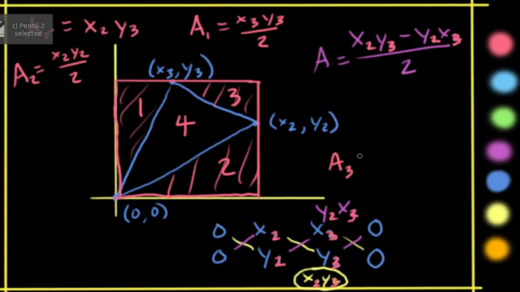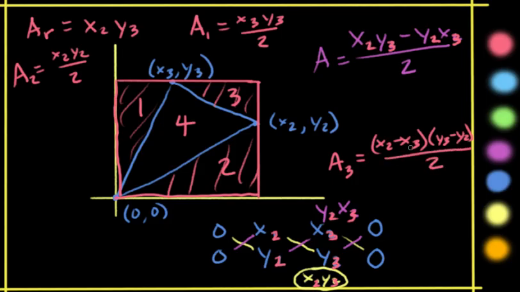A3 is equal to x2 minus x3 times y3 minus y2, all over 2, right? So x2 minus x3 is this distance, and y3 minus y2 is this distance. So those are the base and the height, and then divide by 2. That will give us that area.